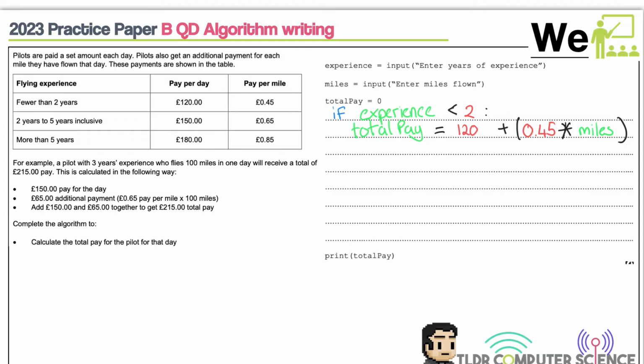So we can actually just do an elif, and this time for the elif, we can just check to see if experience is less than 5. Now, I've just made a mistake. Can you see what mistake I've made? Because we're saying less than 5, it would exclude the number 5. And if you can read the table, it says 2 years to 5 years inclusive.